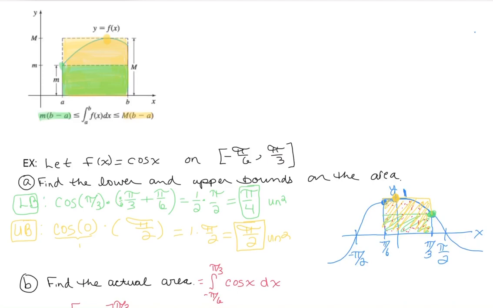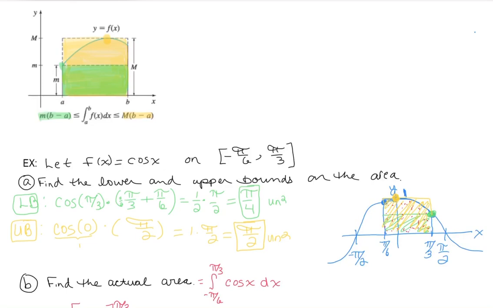So we're going to have sine at pi over 3, which is square root of 3 over 2. And then minus our sine at negative pi over 6. And the sine at negative pi over 6 is actually negative 1/2, because we're down in that fourth quadrant there.